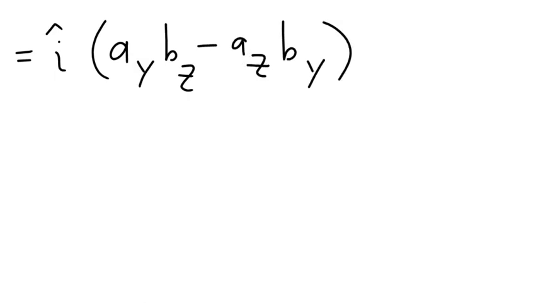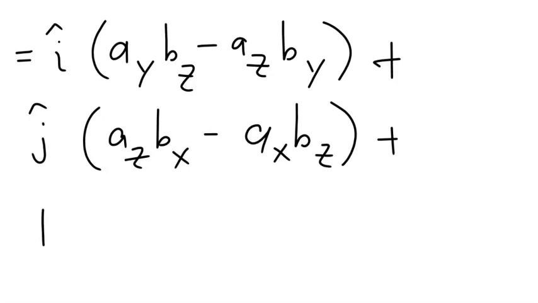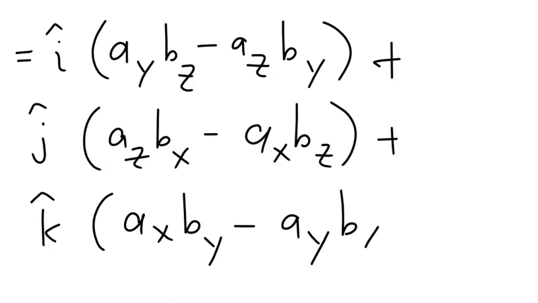The x component of the result is ay bz minus az by, and then the y component of the result is az bx minus ax bz, and the z component of this cross product is ax by minus ay bx.